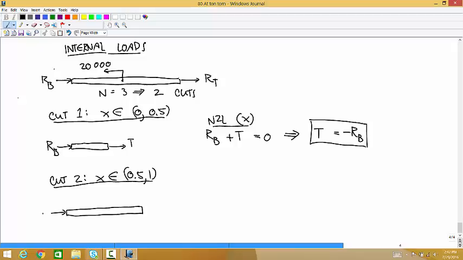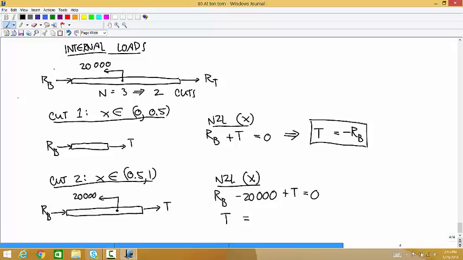This time we're including RB at the left, and now we have that 20,000 Newton force pointing to the left, and then our internal tension T. The x component of Newton's second law says RB minus 20,000 plus T equals 0. So T is equal to 20,000 minus RB.